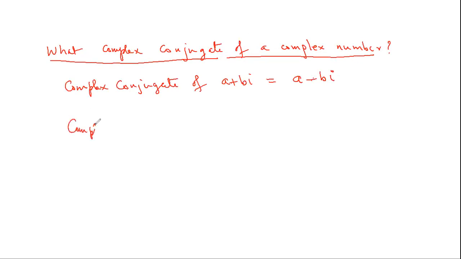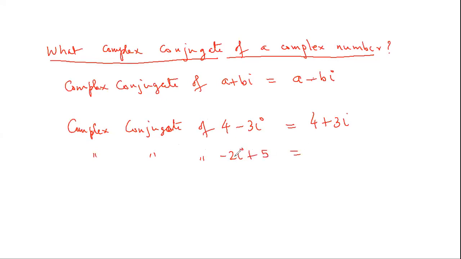What is the complex conjugate of 4 minus 3i? It is 4 plus 3i. What is the complex conjugate of minus 2i plus 5? No, the real part will not change.